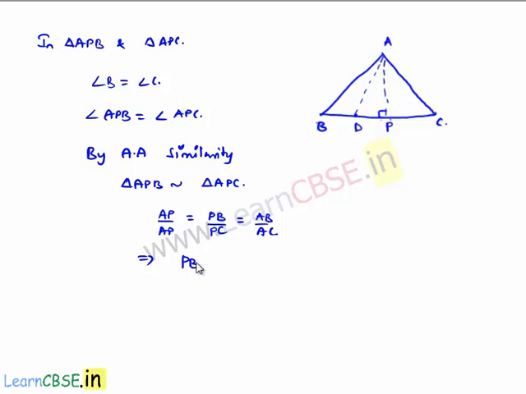So we can say that PB will be equal to PC, that is equal to half times BC. So this is in order to prove that PB is equal to half times BC.